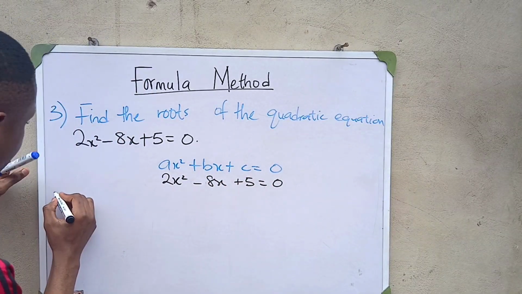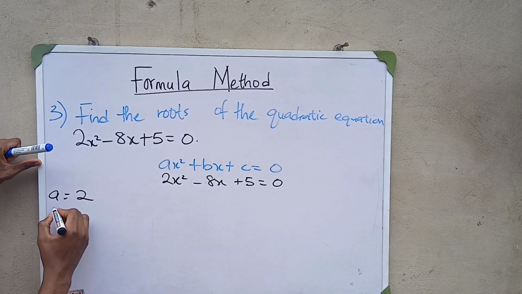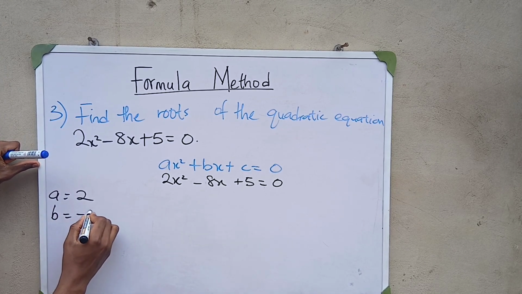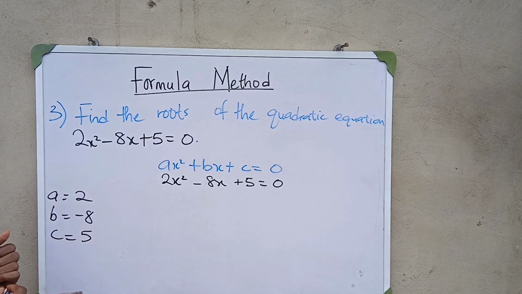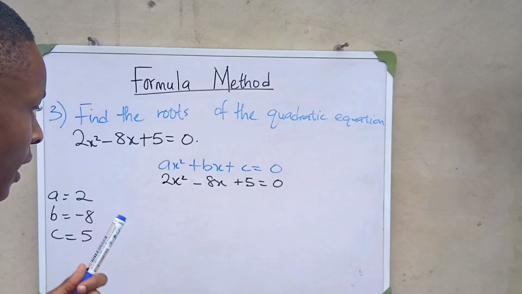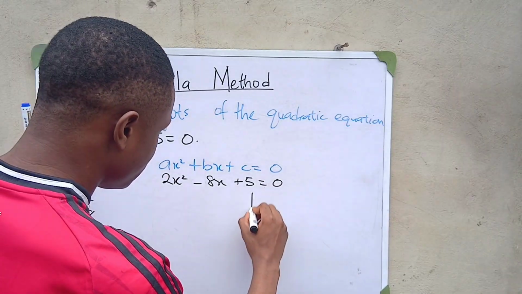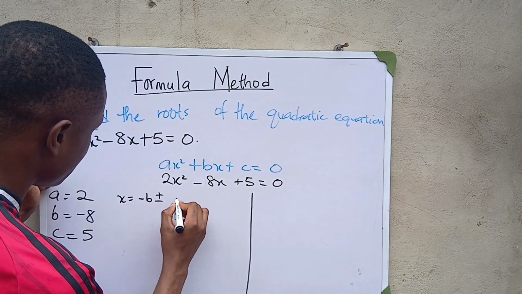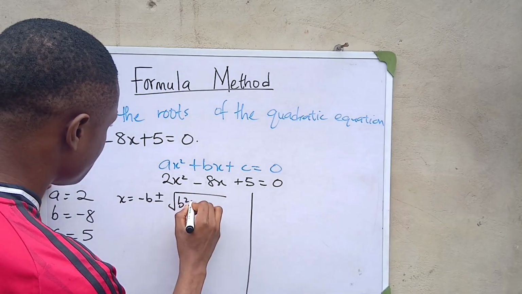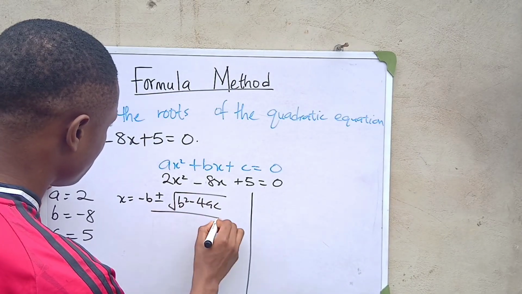So comparing, our a is 2, our b is minus 8, our c is 5. So our general formula is x is equal to minus b plus or minus square root of b square minus 4ac all over 2a.